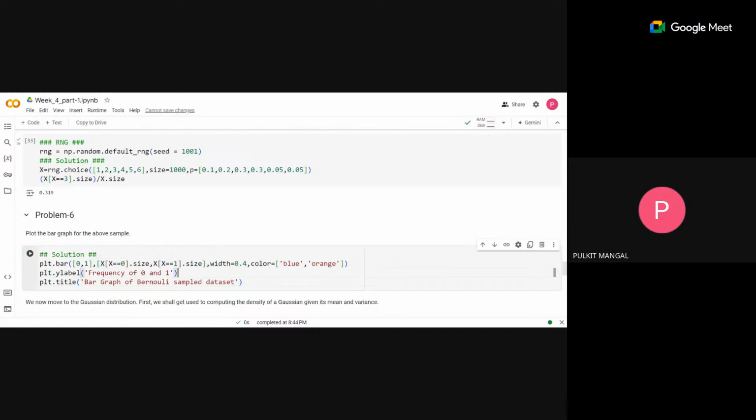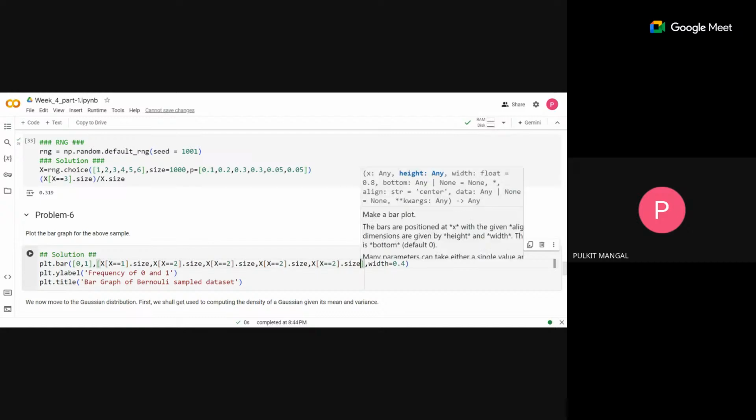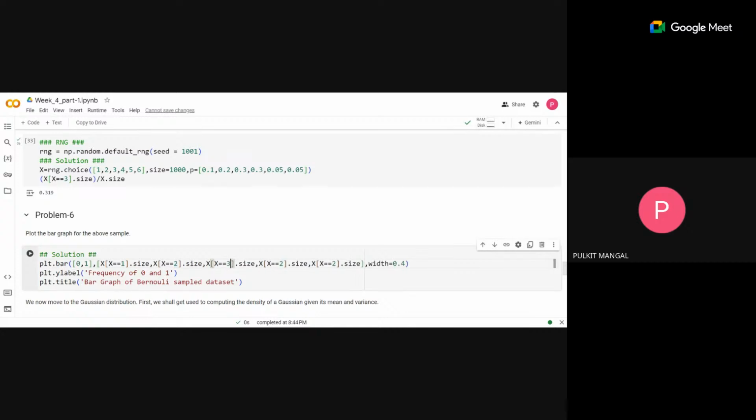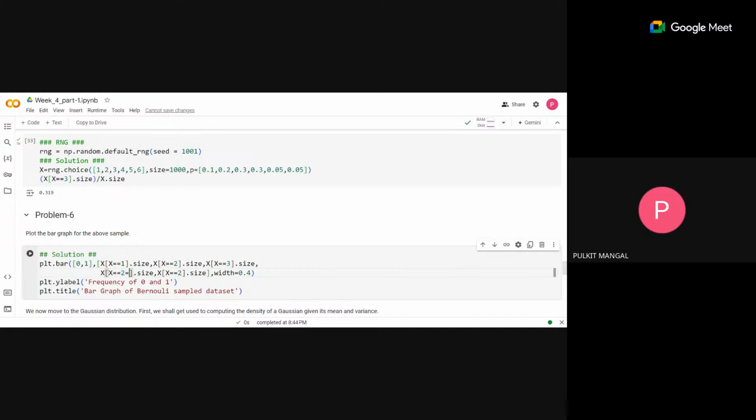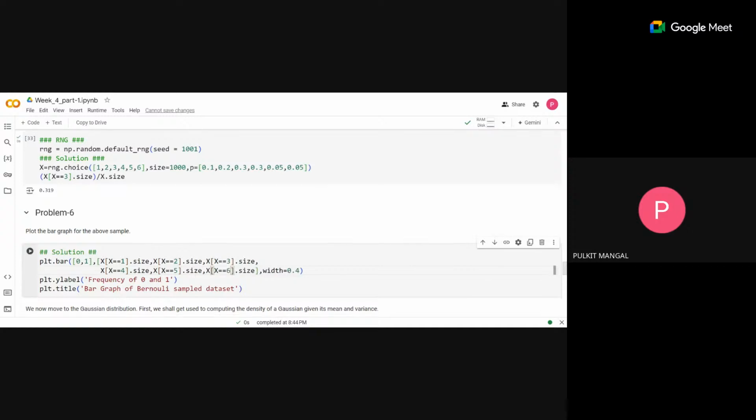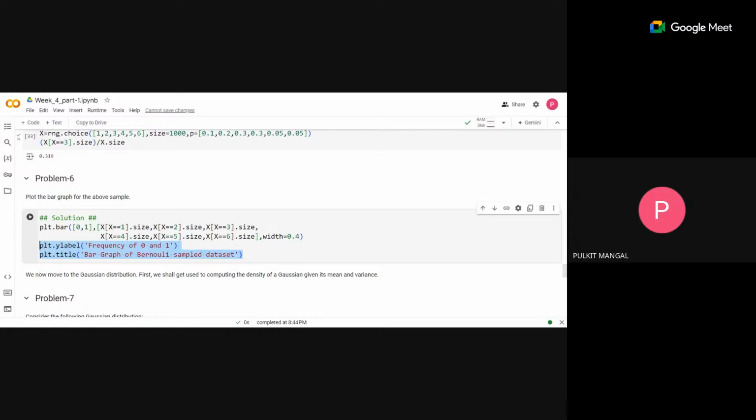Something I need to change is this color array, and the way I am doing it here, with x equal to 1 and x equal to 2, we have to do it for 6 values. Let's just remove this.